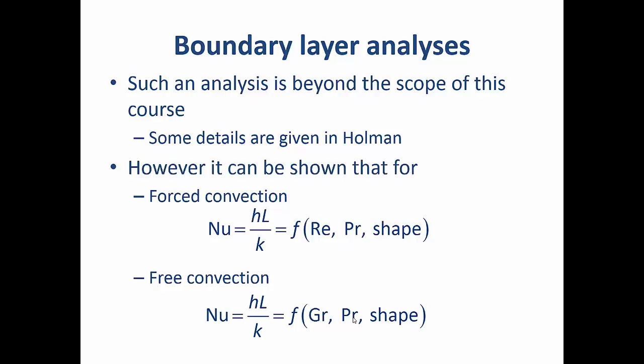And in this course what we will therefore use are tables of these relationships for particular geometries, and essentially what we would do is from various properties of the fluid which would allow us to calculate the Reynolds number and the Prandtl number, we'll use an appropriate relationship, then calculate the Nusselt number, and from that you would be able to evaluate what h was for that fluid in that particular geometry.